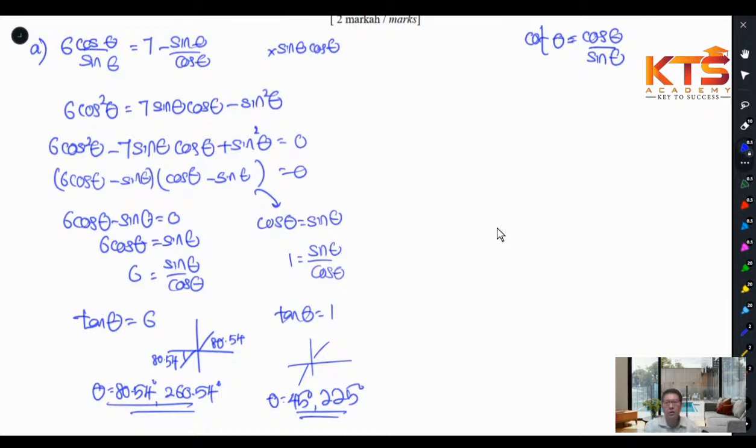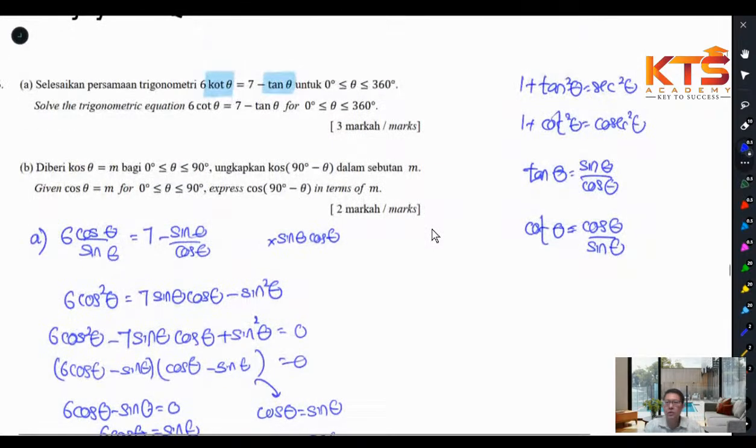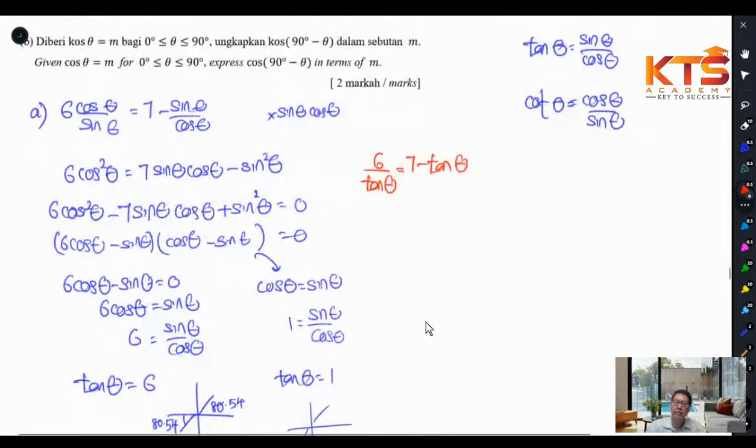Okay, Rita said we use 6 over tangent theta equals 7 minus tangent theta. Is it faster? Let's try and see. Everything times tangent theta, so bring over: tangent squared theta minus 7 tangent theta plus 6 equals 0.